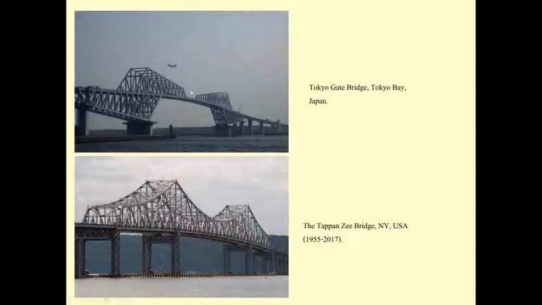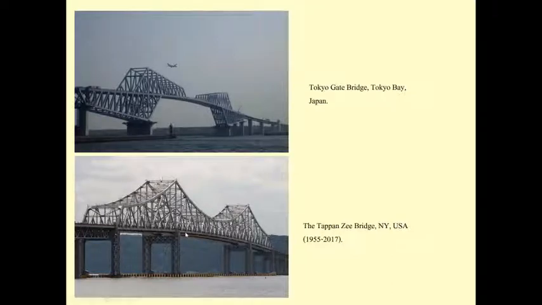This is one of the symbols of Japan. It crosses Tokyo Bay, so every ship that comes to Tokyo will pass through this bay; it is a kind of welcome gate for the people who come to Tokyo. And the bottom one is the Tappan Zee Bridge in New York.